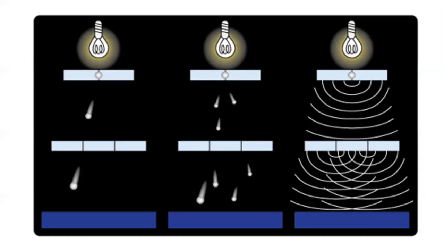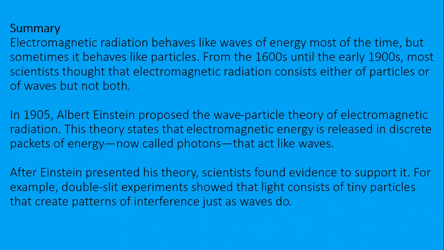Well, in summary, electromagnetic radiation behaves like waves of energy most of the time, but sometimes it acts like a particle. From the 1600s until the early 1900s, most scientists thought that electromagnetic radiation consists either of particles or of waves, but not both.